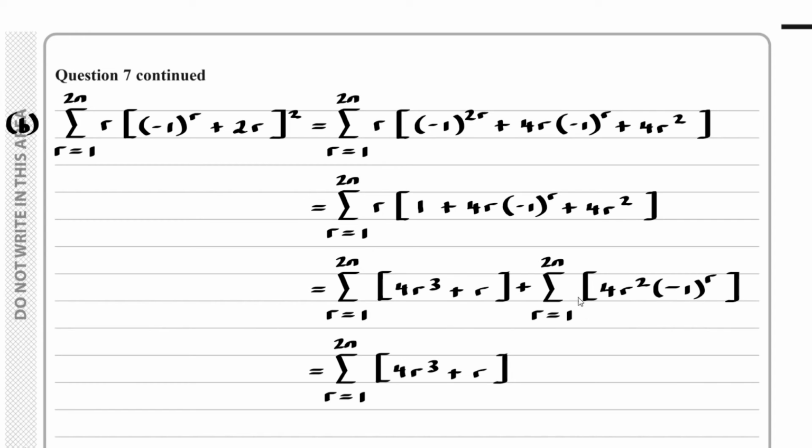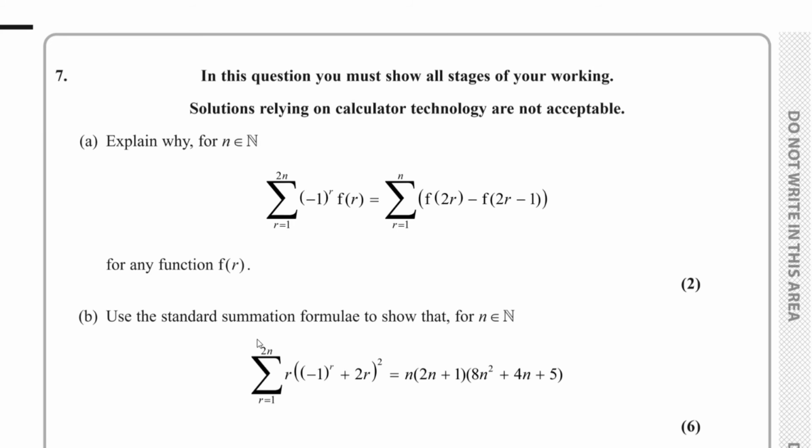And if I factorize out a 4, I have 4 multiplied by the sum from r equals 1 to r equals 2n of negative 1 to the r multiplied by r squared. And the reason this is important is because, if I go back to the question and take a look at what I have in part A, that r squared is what f of r is equal to, and so I can use the result from part A to help me evaluate that.